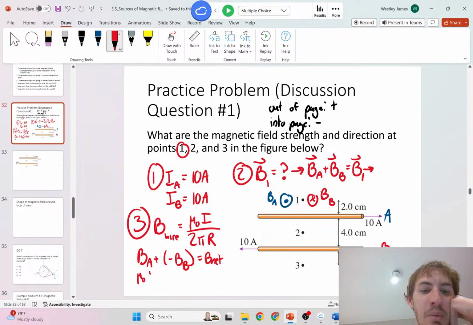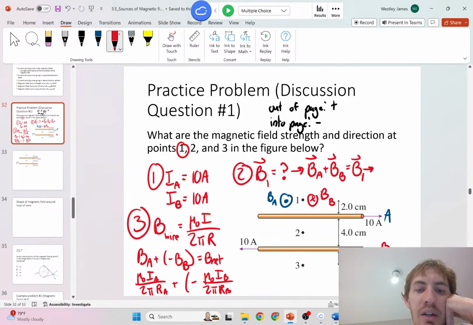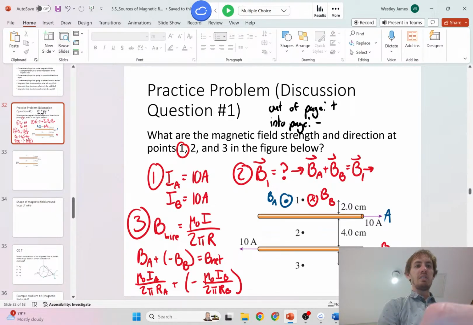So BA is going to be mu naught IA over 2 pi RA plus negative mu naught IB over 2 pi RB. And all I've got to do is plug in those numbers. We have mu naught, we can add that to our givens. In fact, let's take this whole thing and give myself some more room.